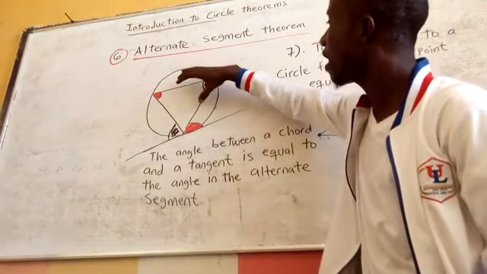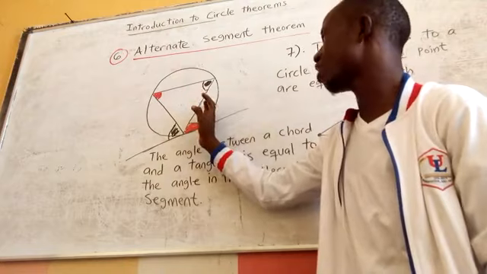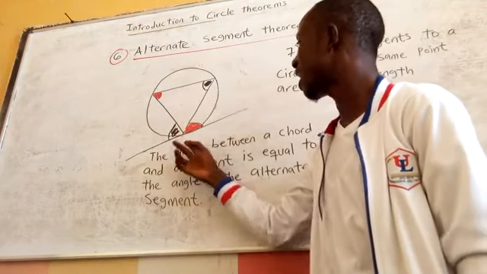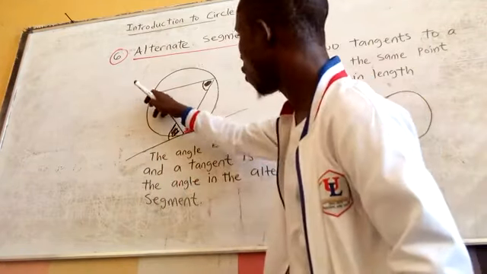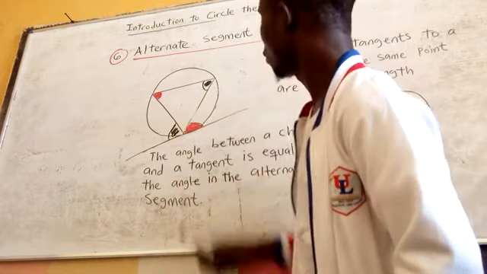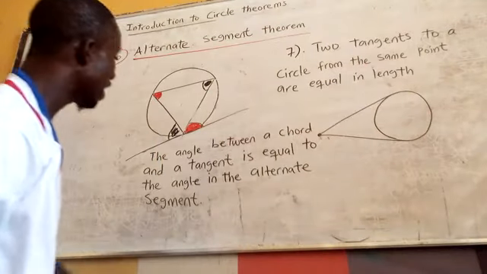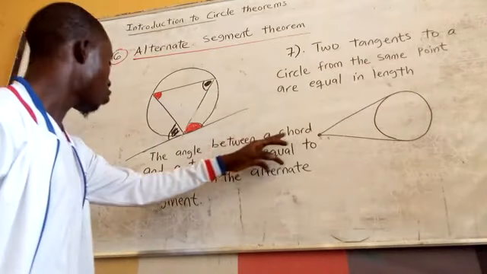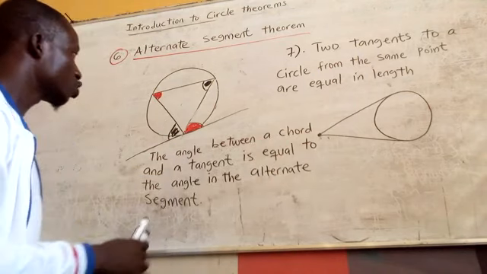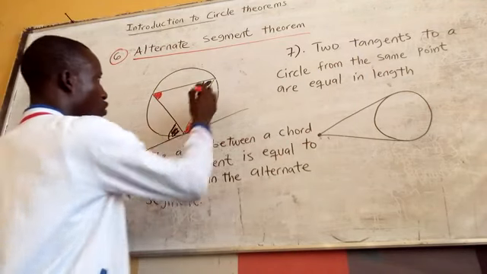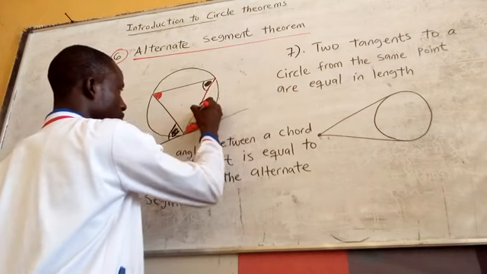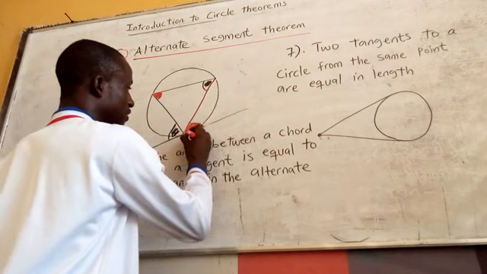So we have an inscribed triangle, we have a tangent line, and we have a chord. Here's a chord. So here we say the angle between a chord and a tangent. So what is the chord? Here is the chord. So here's the tangent line.